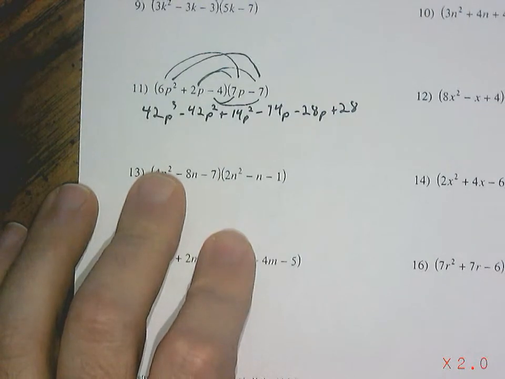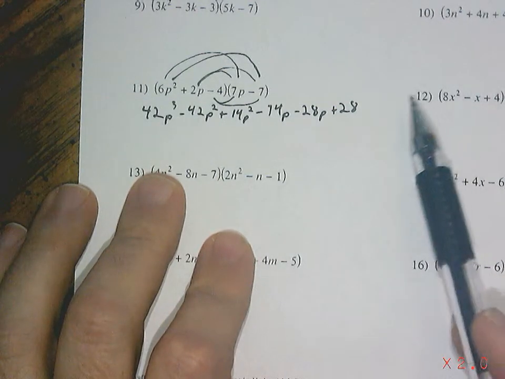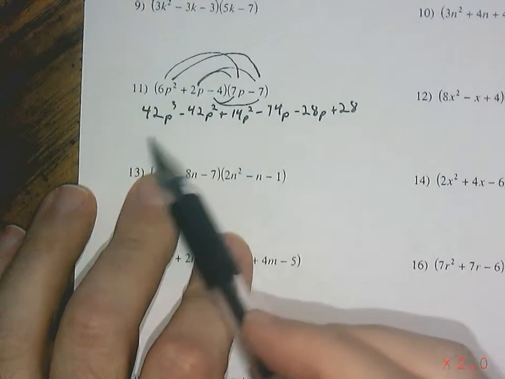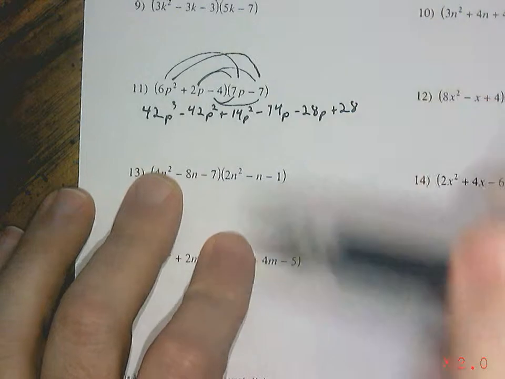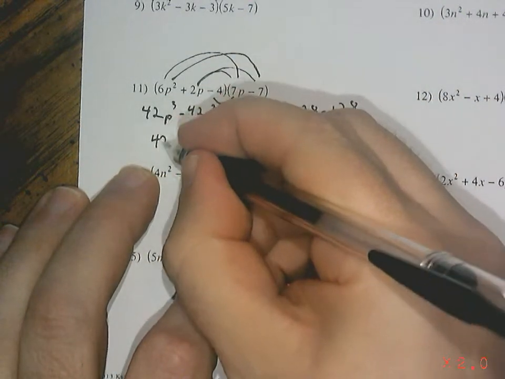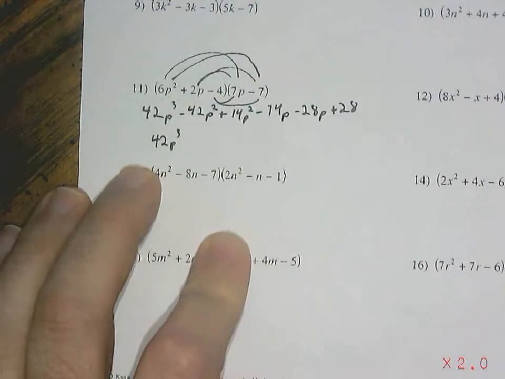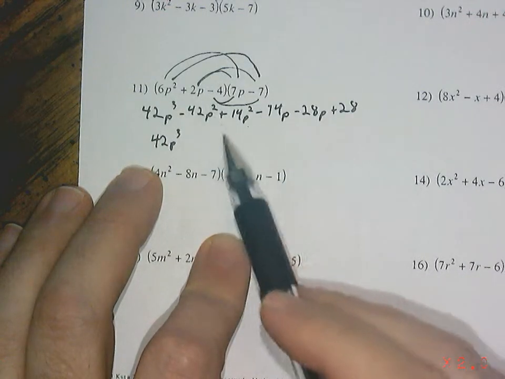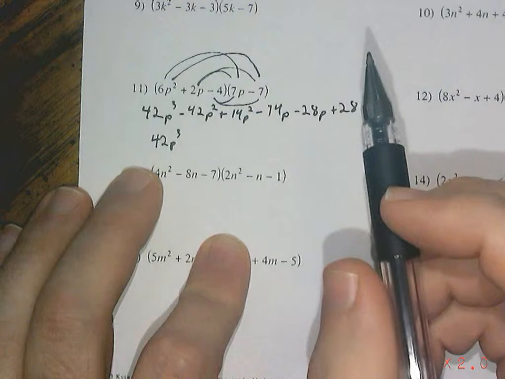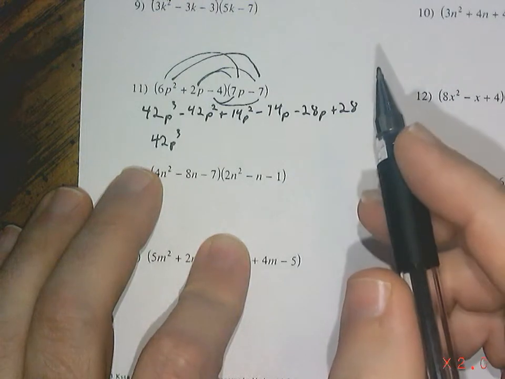And we're going to try to simplify it. So first thing I'm going to do is look for like terms. Do I have any other p cubes? Nope. So that one's just going to stay by itself, 42p to the third. Okay. Then p squareds. Looks like I got 2. So, wait.